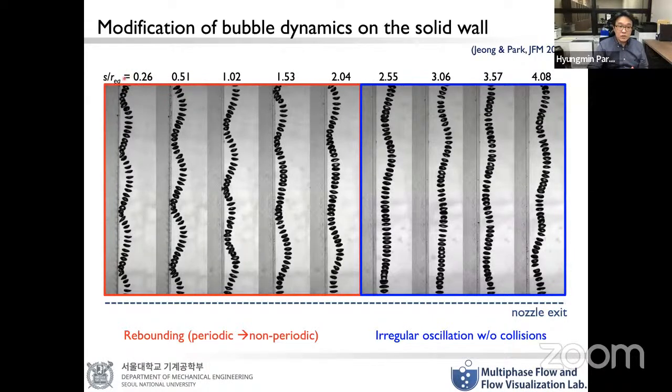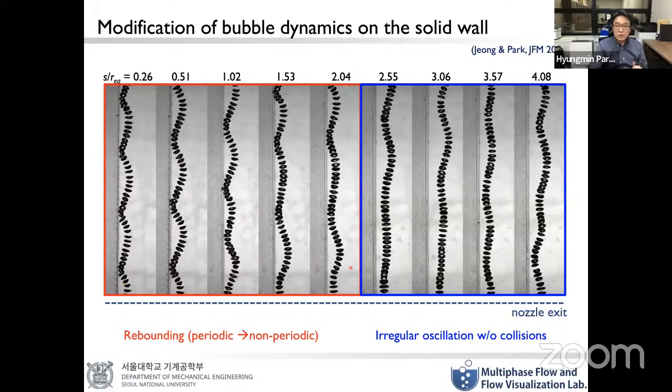As you increase the distance between the bubble and the wall from left to right, when the distance is quite small, you can see that the rising bubble periodically bounces off the wall and then rises, and then the periodic bouncing transitions to non-periodic bouncing, which is highlighted with the red colored box.